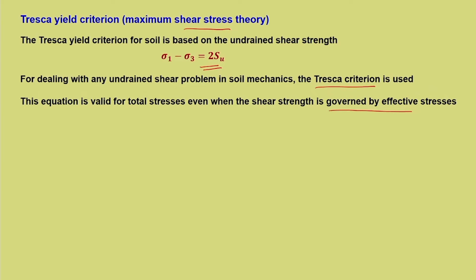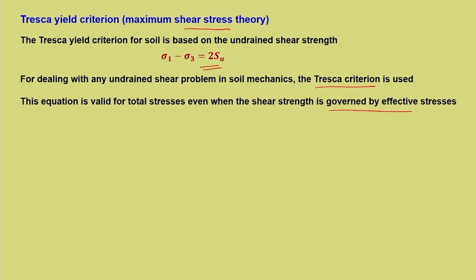Why? What is the importance of this statement? This equation means sigma 1 minus sigma 3. We know that whether there is pore water pressure or not, whether it is an effective stress condition or not, sigma 1 minus sigma 3 equal to 2 SU will be valid. We know that the shear strength of the soil is exclusively determined by its effective stress condition.